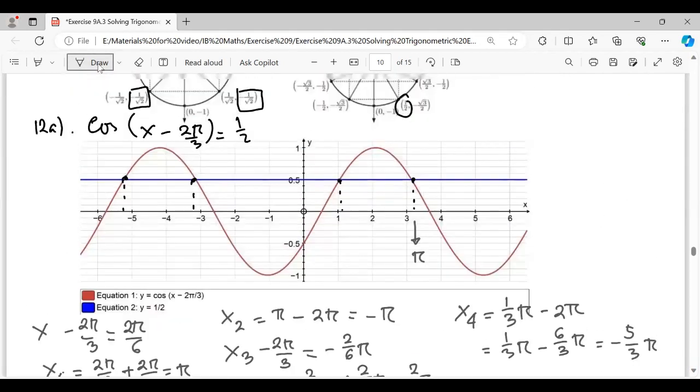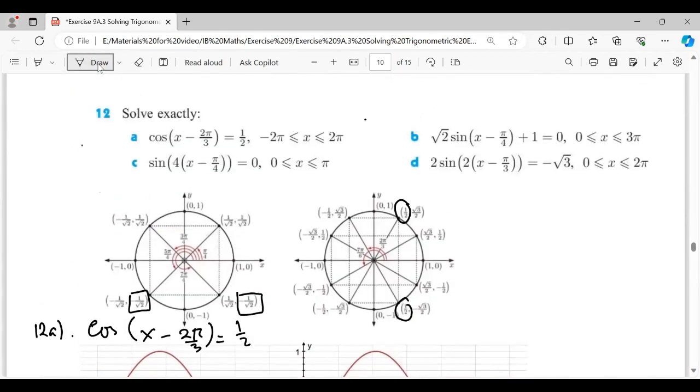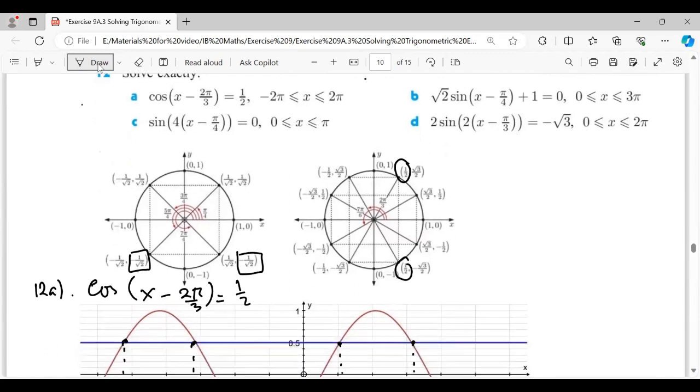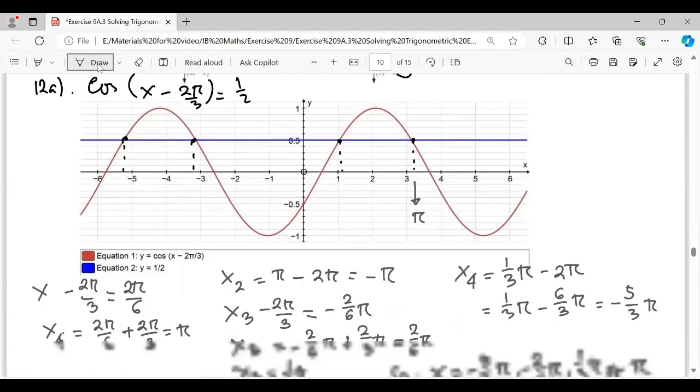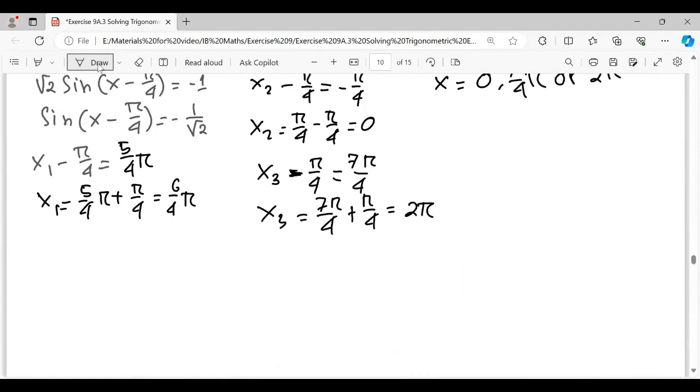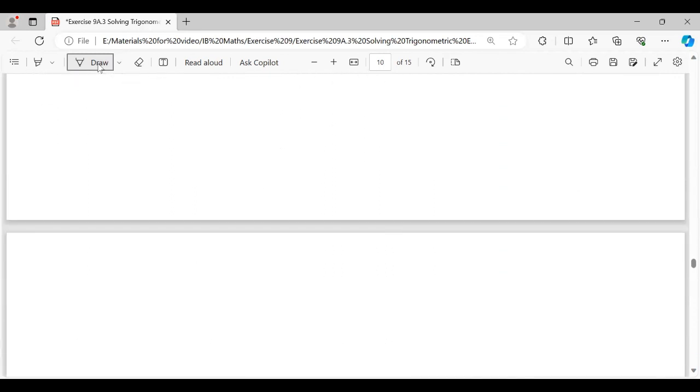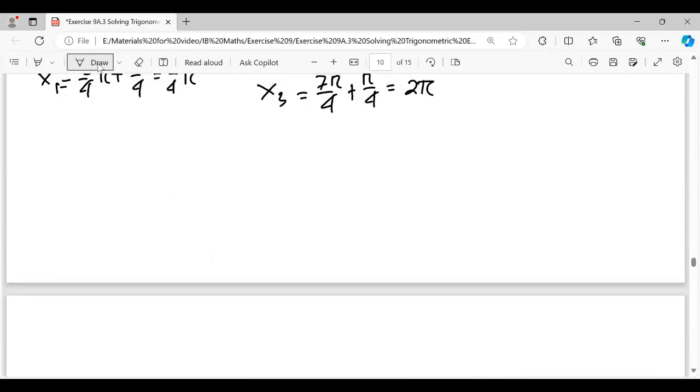After that, c. Okay, sine 4 times x minus pi over 4 equals 0. We need more space for this.